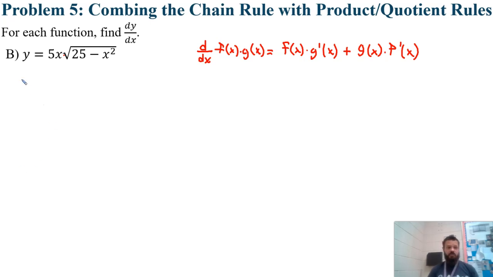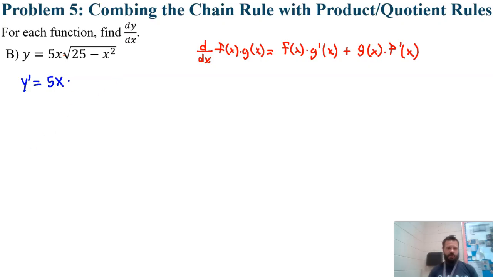All right, so let's go ahead and start writing out the product rule here. We've got, we could say y prime is equal to the normal first function, the normal f of x, which we can say is just the 5x, times then the derivative of g of x. So what I could do is take this derivative right away here, applying the chain rule in one step.